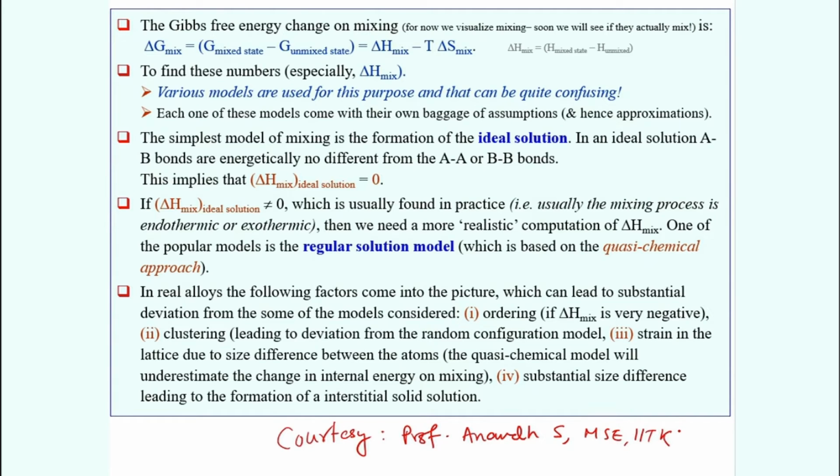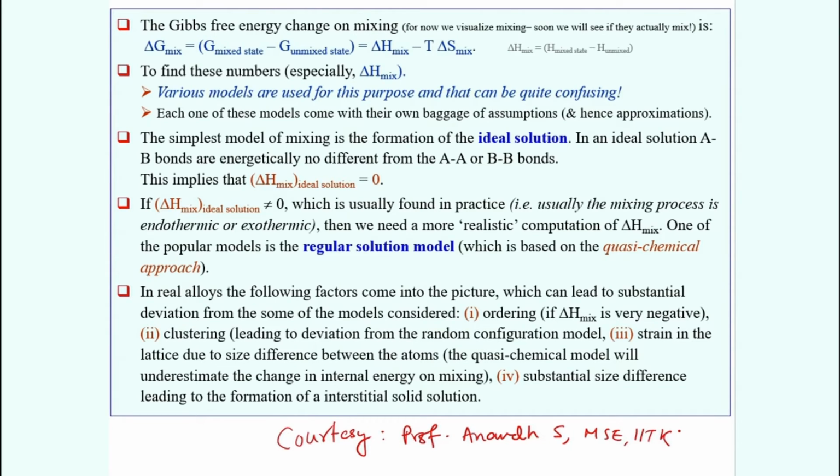So A and B. Now, if the bond energy is the same for AA, BB and AB, then delta H mix is 0. It's called an ideal solution. Ideal means something which never happens in life. It is very difficult to perceive the situation. The two will mix, and the bonds before and after mixing will remain the same.